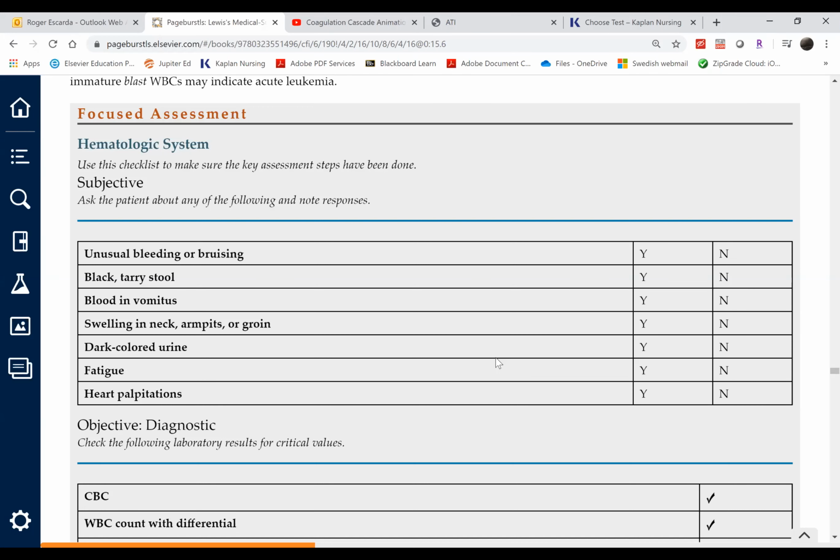Iron. Iron, what else? Protein. Besides protein, the specific nutrients folic acid and B12. So those are three major nutrients you need in order to form red blood cells.